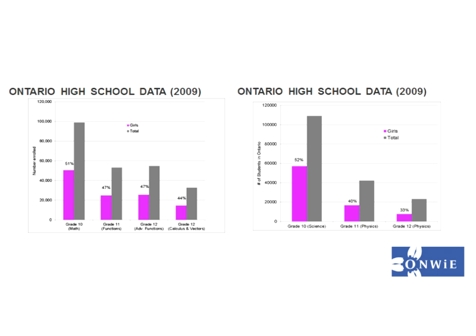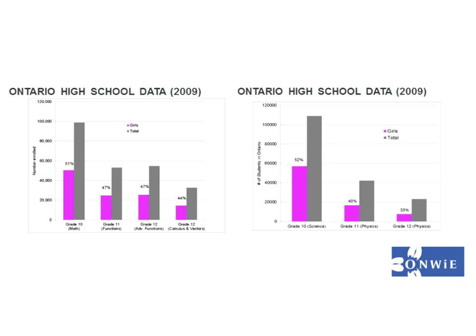So if you look at grade 10 math and grade 10 science, you see about 51% and 52% are girls, which makes sense because everyone needs to take grade 10 math and grade 10 science. If you look at grade 11 math, you'll also see that it's approximately 50%, at 47% there, because grade 11 math is required. But you'll see that grade 11 physics starts to decline, and then more so into grade 12 physics.